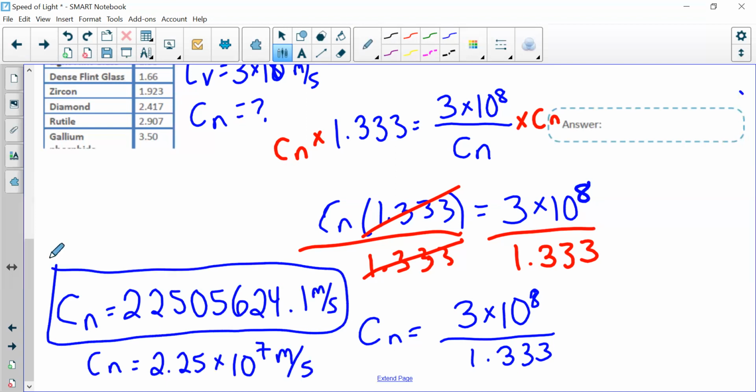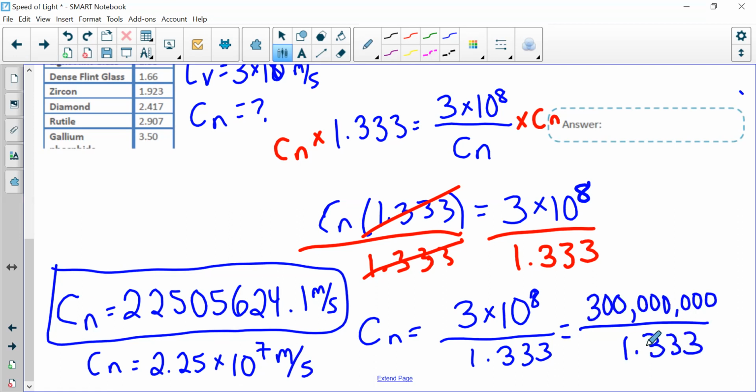Okay, and actually guys, to make this easier, let's change the 3 times 10 to the power of 8 to just 300 million, because I'm not there to show you how to do this on your calculator. So let's make this easier. Lila, do 300 million divided by 1.33. Okay. What are you supposed to be looking for?